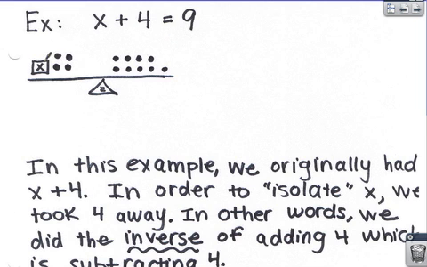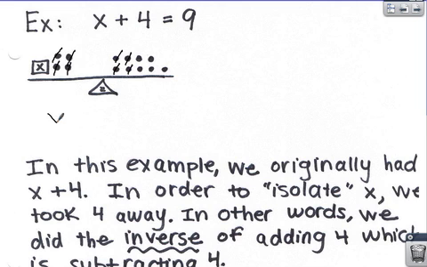Well, if I can get x by itself on one side, then I'll know that it equals whatever is left on the other side. So, I can remove these 4 marbles from the left, as long as I remove 4 marbles from the right.